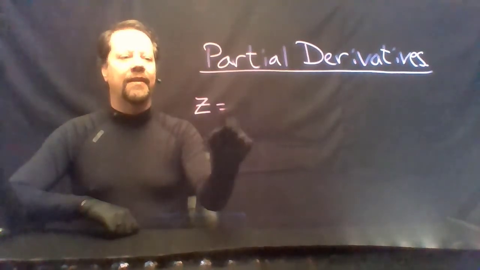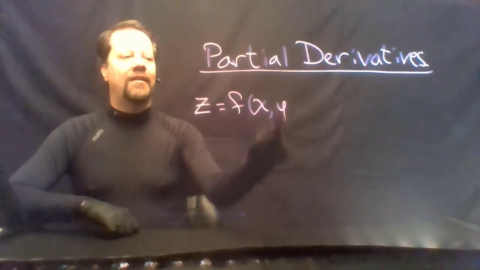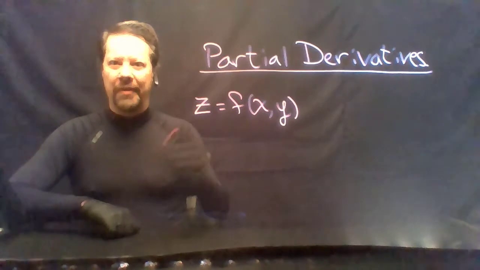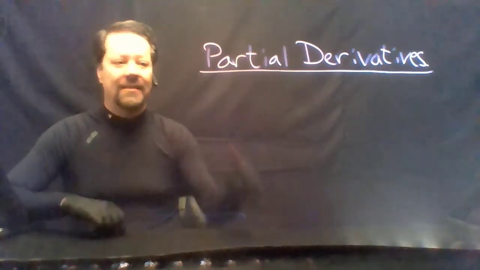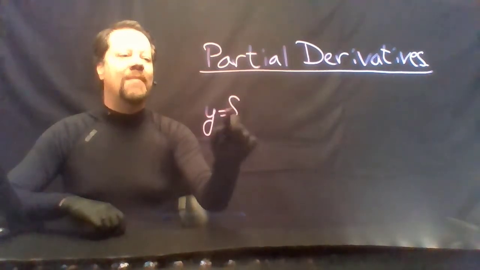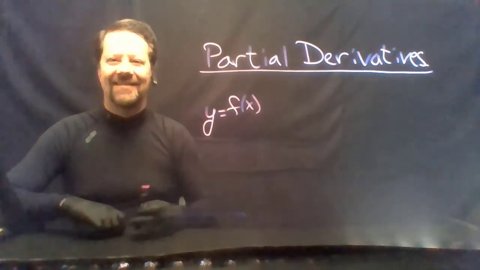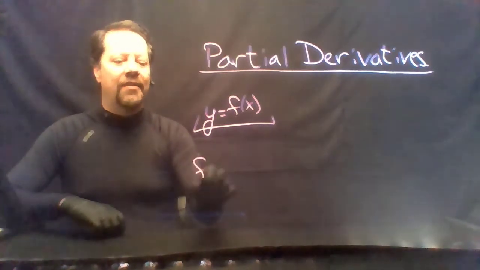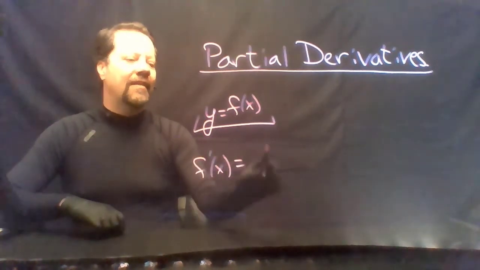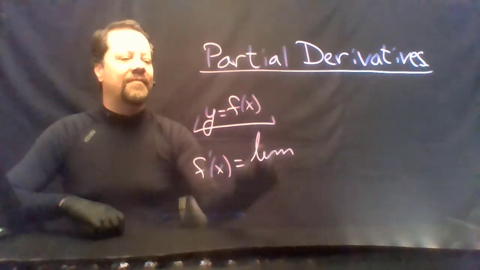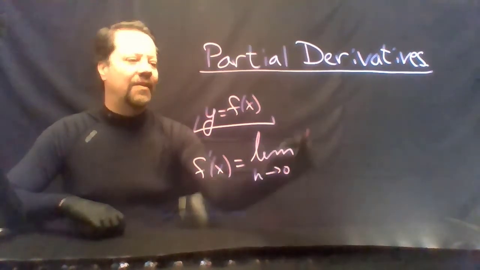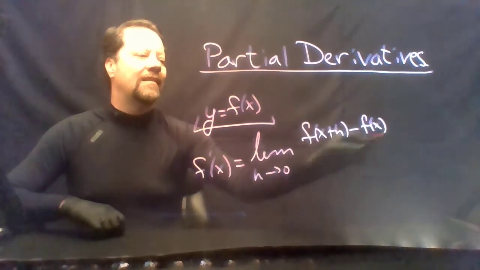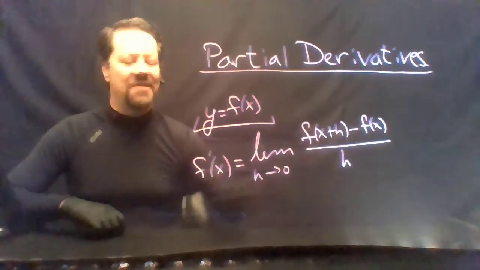When you have a function of two variables, how do you define the derivative? Well, how did we define the derivative way back in Calculus 1? In Calculus 1, we defined the derivative to be the limit as h goes to 0 of f of x plus h minus f of x all over h.